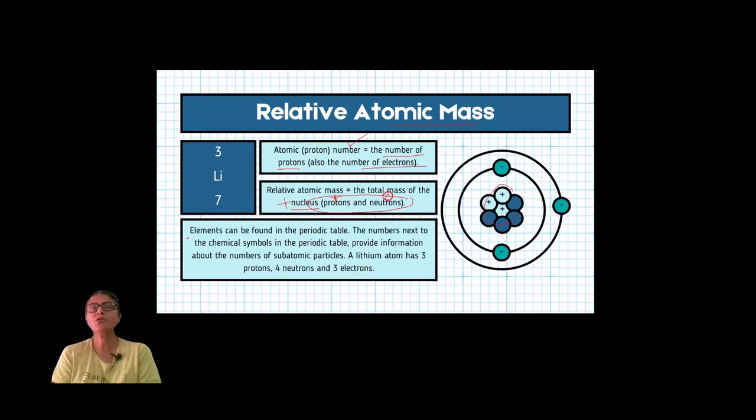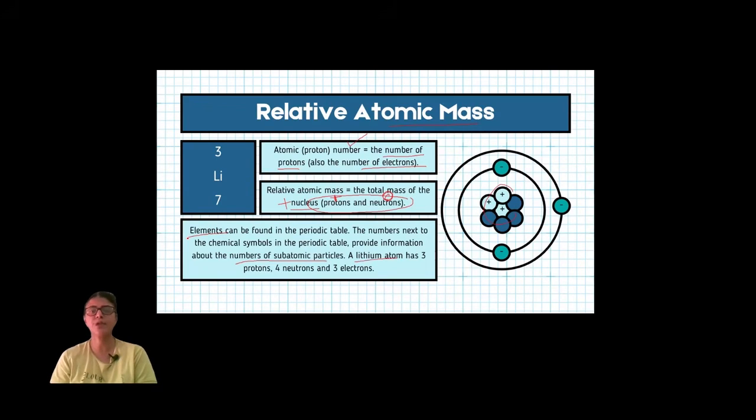Now elements you can see in the periodic table. Numbers next to the chemical symbol in the periodic table provide information about the number of particles. If you know about the elements, then you can find the subatomic particles like protons, electrons, neutrons. So it will be easy for you. Now see the example of lithium.